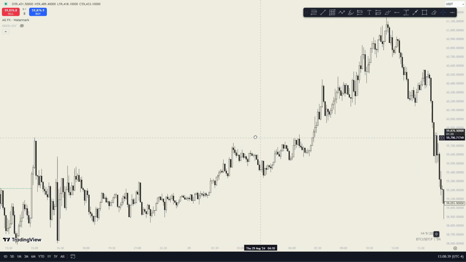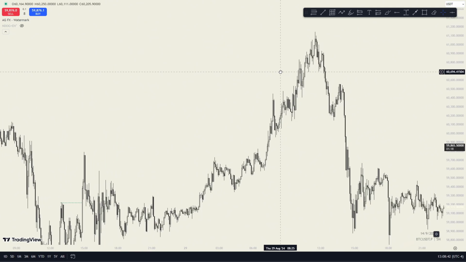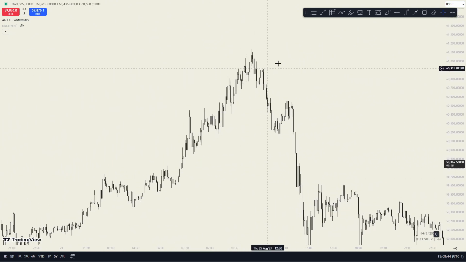I'm not gonna show every single example of that. You can see this happening here. And then we create a flip. We close above the high. So this protected low gets broken, and we flip, and we continue moving lower.